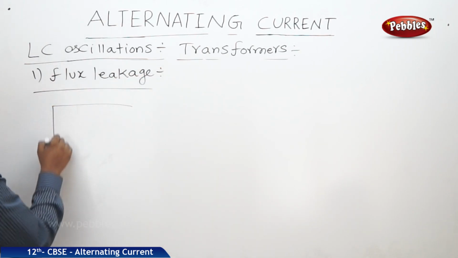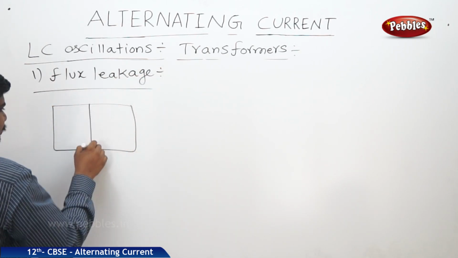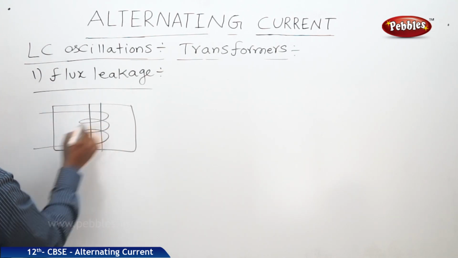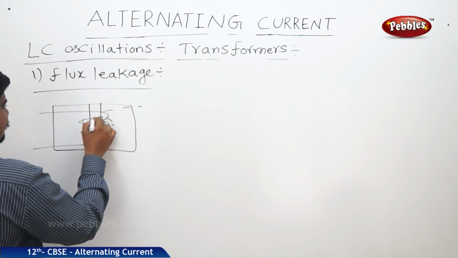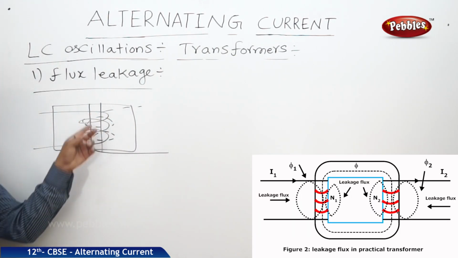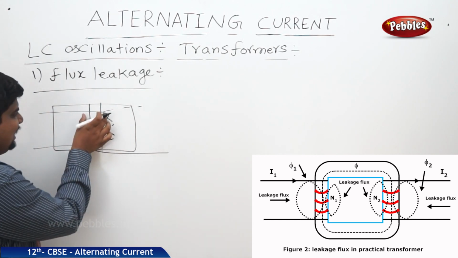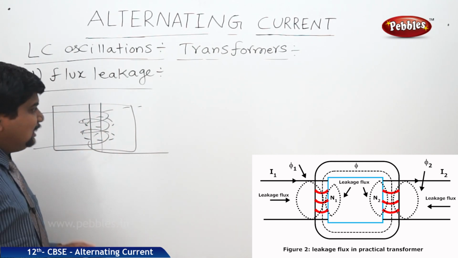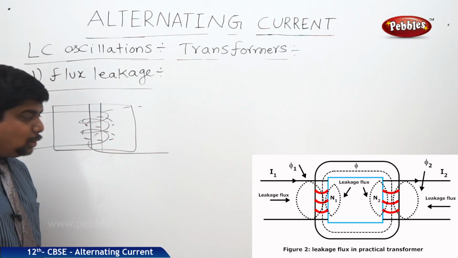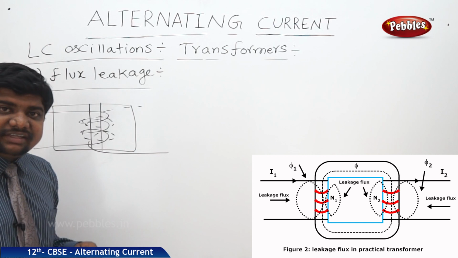In the transformer core, we have discussed that this is a primary coil and this is a secondary coil. Because of the air gap between the primary coil and the secondary coil, and sometimes cracks in this soft metal core, there is a problem of flux leakage.